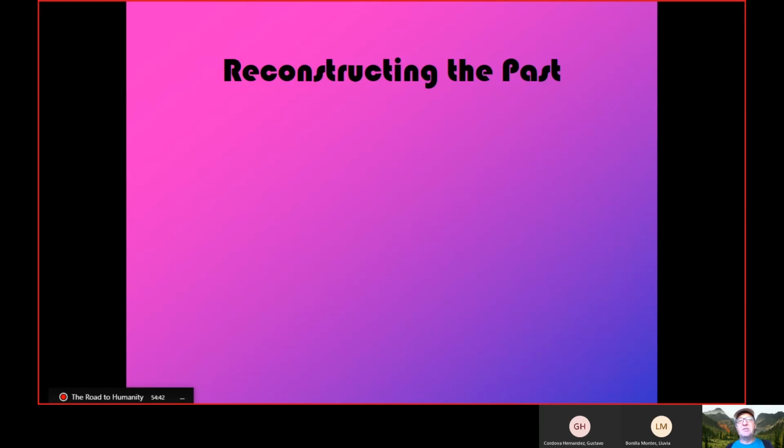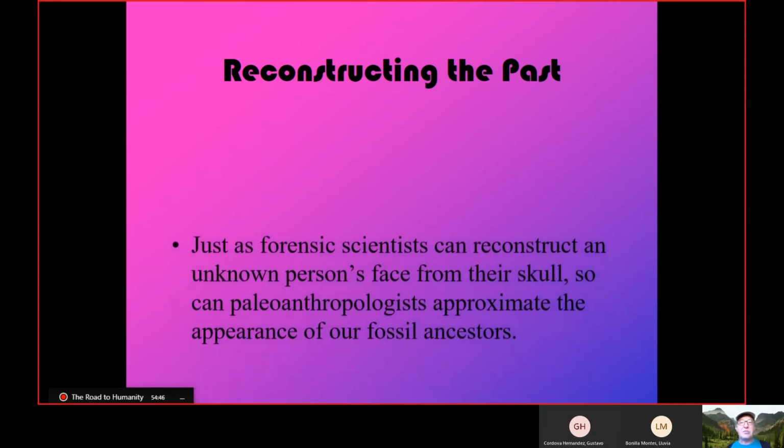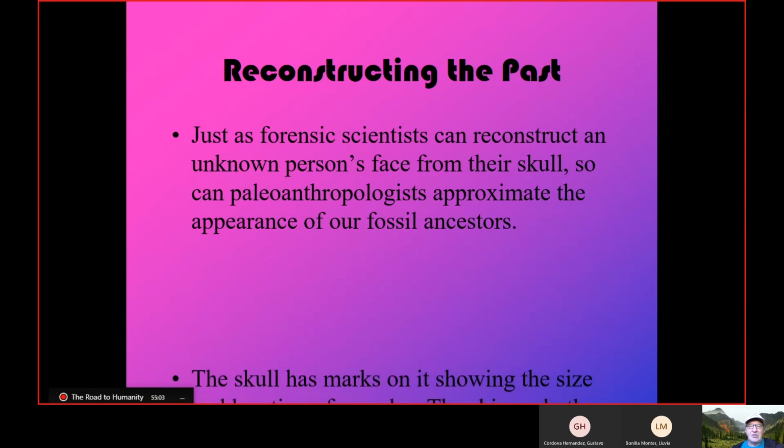So how do we know what these things look like? Well, all we can do is give it our best guess. And I want you to think about how a forensic scientist today can reconstruct an unknown person's face from their skull. And so paleoanthropologists use this same process to try to approximate what our fossil ancestors looked like.